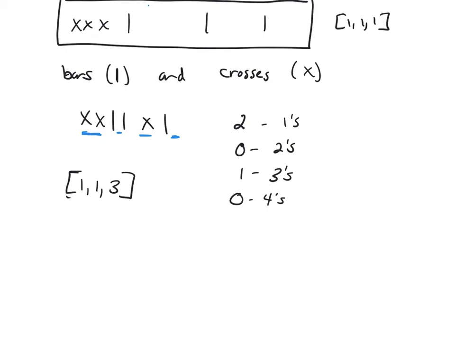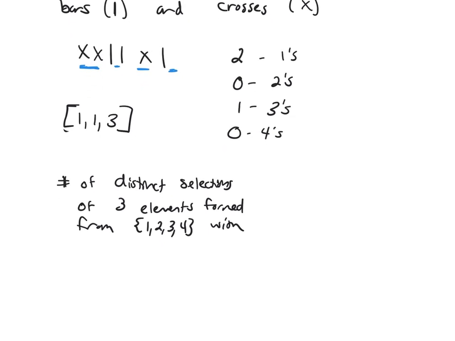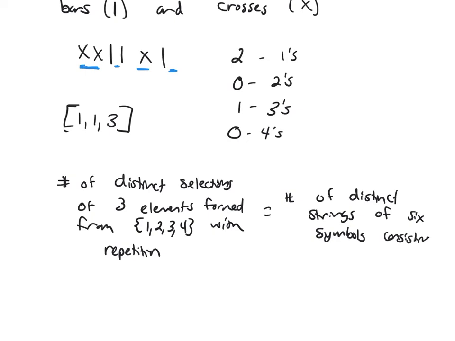So the number of distinct selections of 3 elements formed from the set 1, 2, 3, 4 with repetition is the same as the number of distinct strings of 6 symbols consisting of 3 bars and 3 crosses.